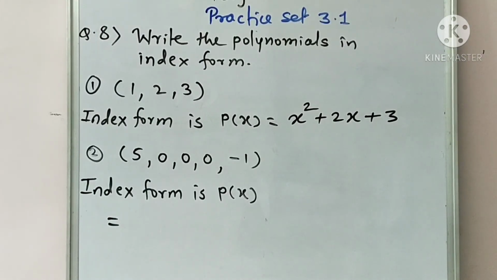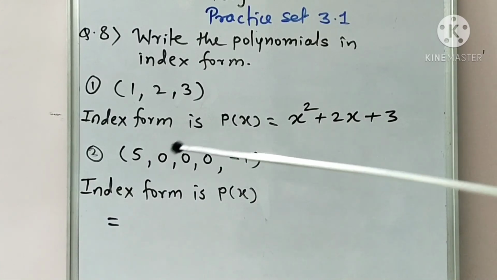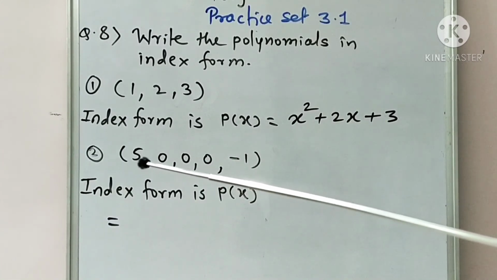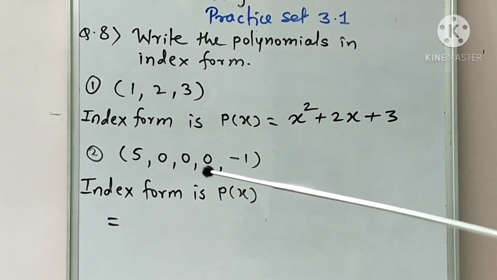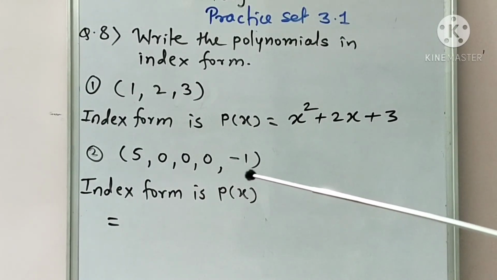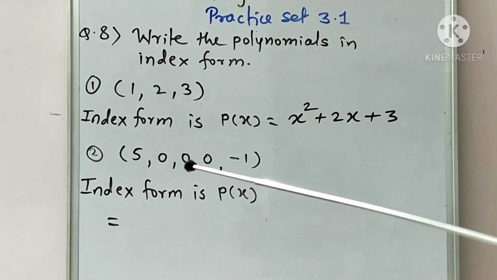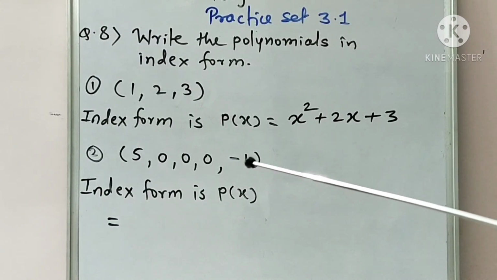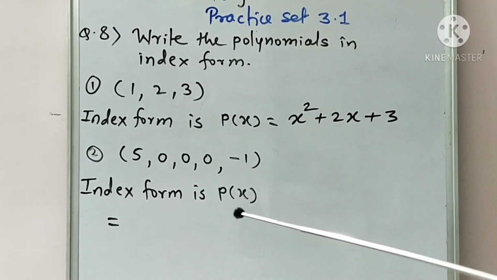So here we try the second one, where the coefficients are 5, 0, 0, 0, minus 1. As we count these coefficients, 1, 2, 3, 4 and 5, there are 5 coefficients.